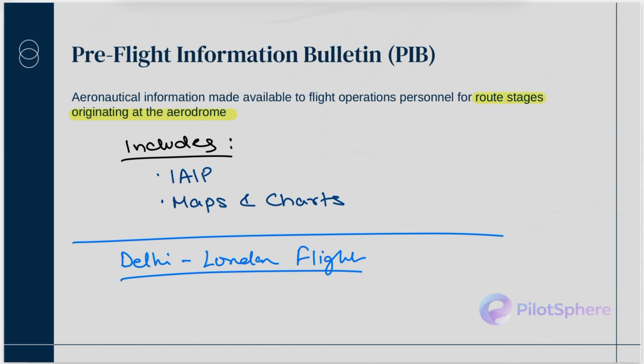You would be looking through so many different documents to see what is relevant, what affects you, and what does not affect you. But what the PIB does is make sure that you get information about Delhi, about the route you're taking, and about London Heathrow itself. For Delhi, you might have in the PIB a Series A NOTAM for an ILS outage at Delhi.